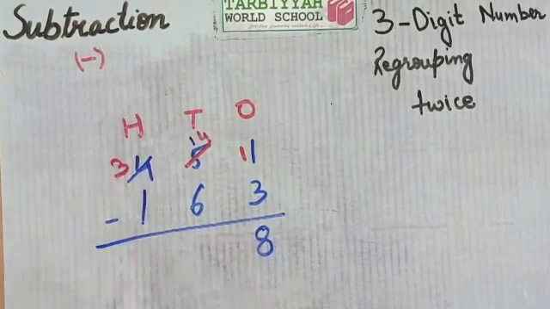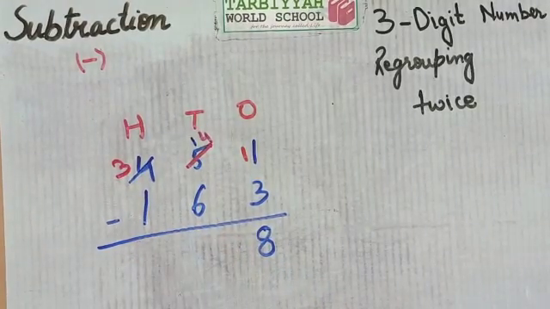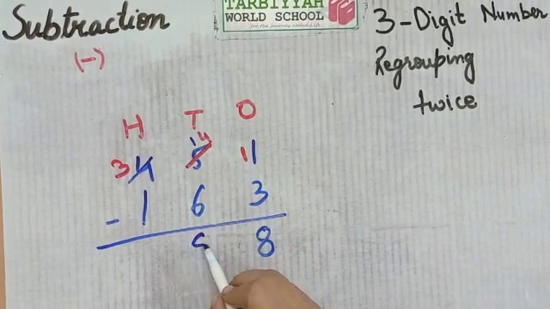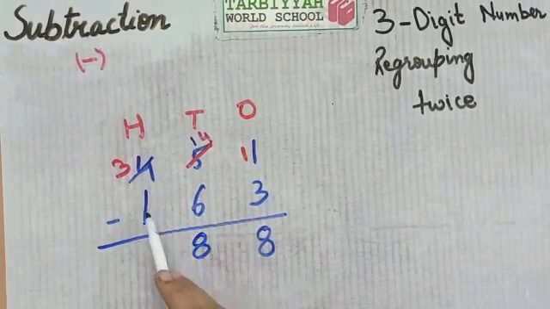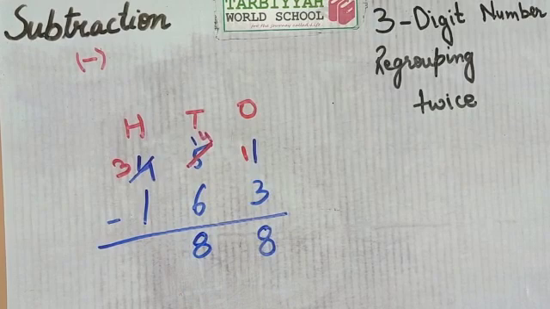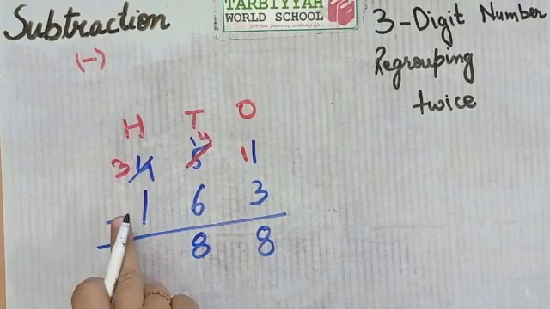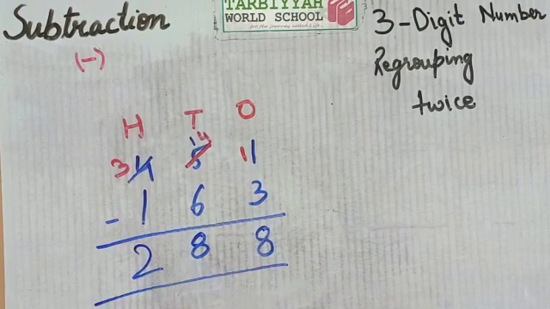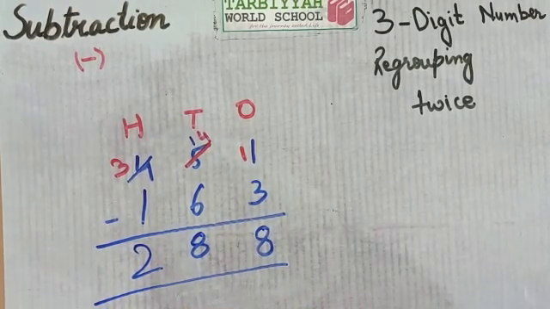Yes, 3. So 14 minus 6 is 8. Now we have to subtract hundreds. So 300 minus 100, so we get 200. So the answer is 288.